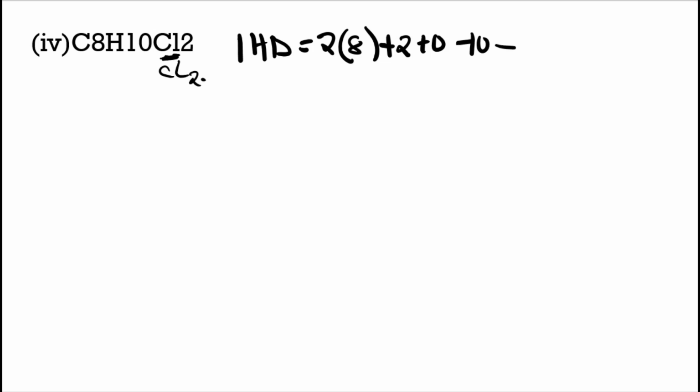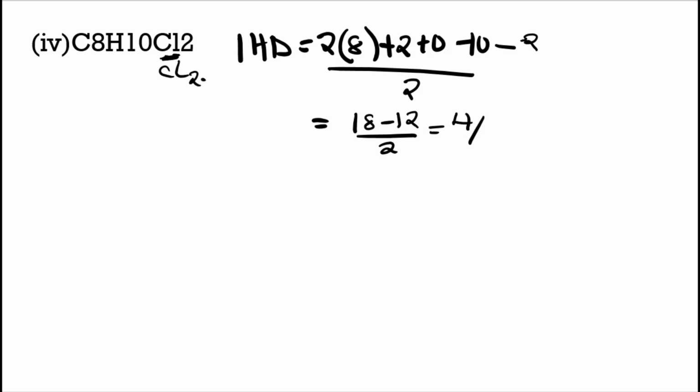So we say minus 2 here because over 2. So you do the math: 2 times 8 is 16 plus 2 will give us 18. So it's 18 minus 12 over 2. This will give us 6 over 2 and an IHD of 3.